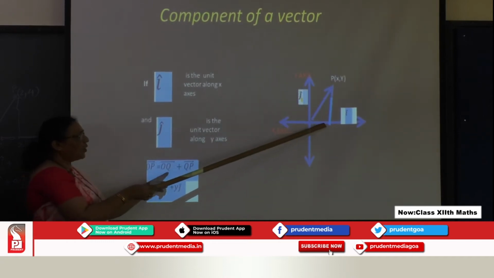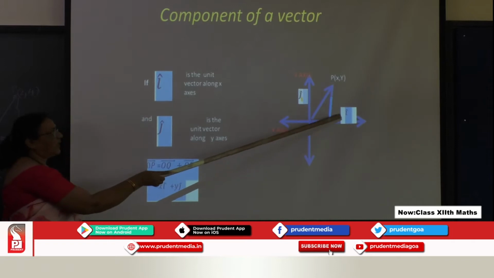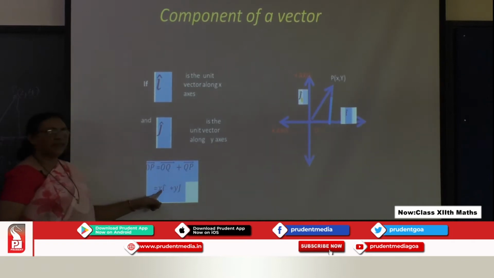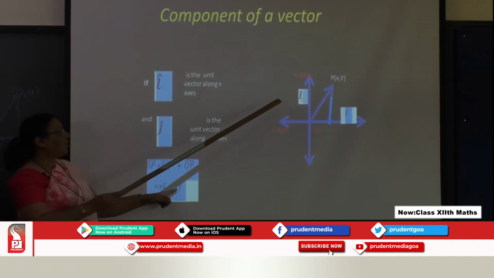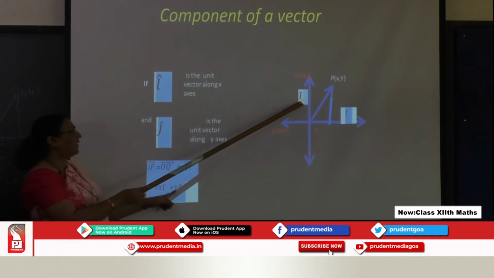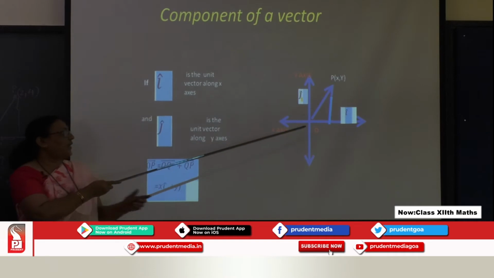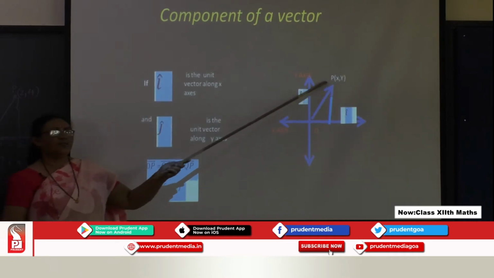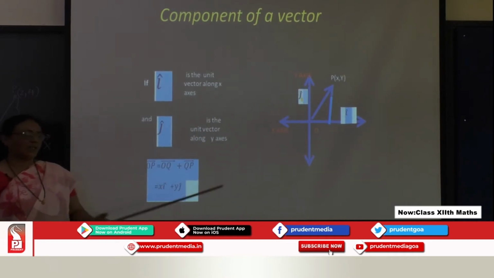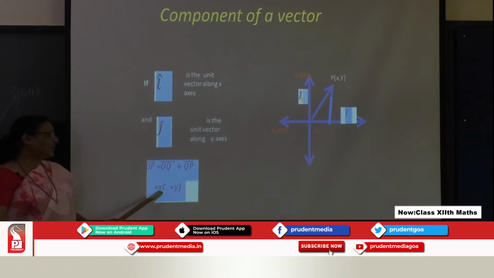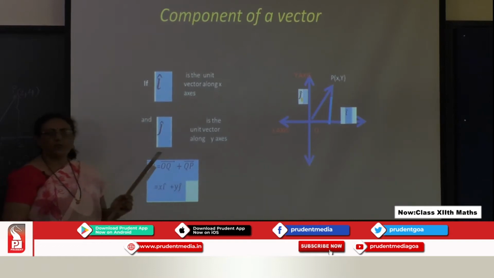So, this is along x axis, so you will get x times I, and this is along y axis, so you will get y times j. So, any vector OP in space in 2 dimensions can be represented by x into I plus y into j.